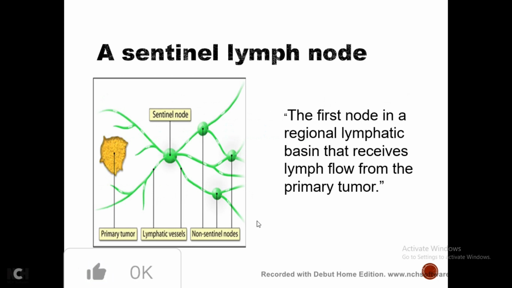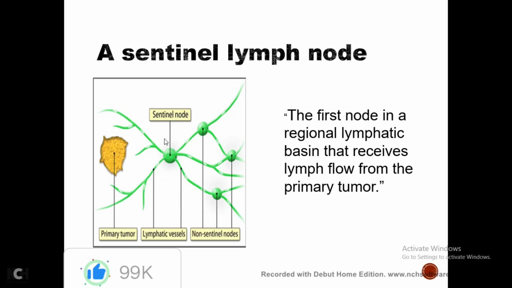Now, what is the sentinel lymph node? To understand the lymphatic spread of a tumor, the sentinel lymph node is the first lymph node which receives the lymphatic drainage from the primary tumor.